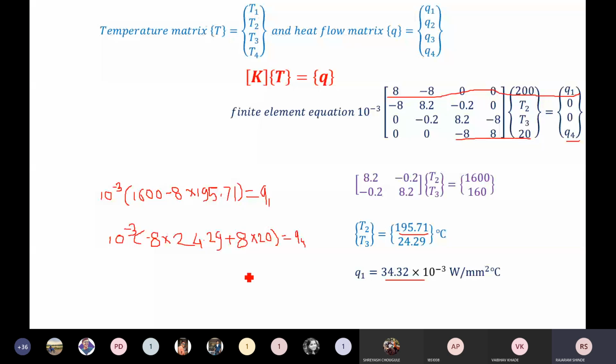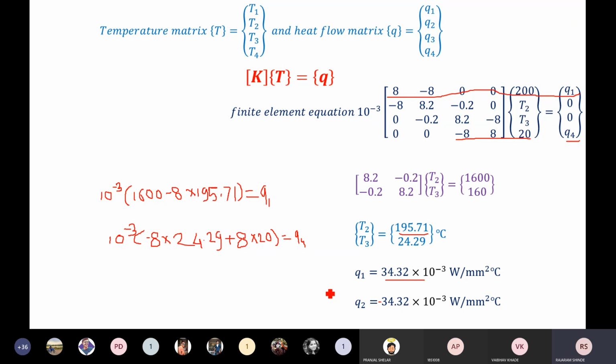Now you check this. Is it 34.32 into 10 raised to minus 3? Minus 34.32, sir, it is minus. Yes, it is minus.